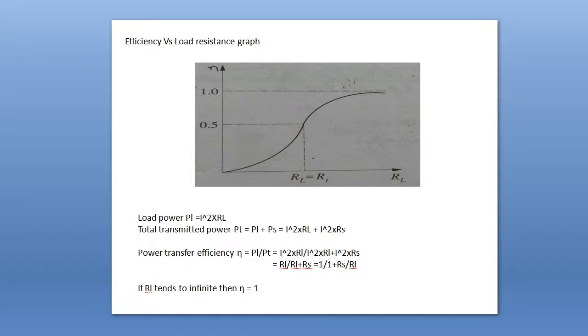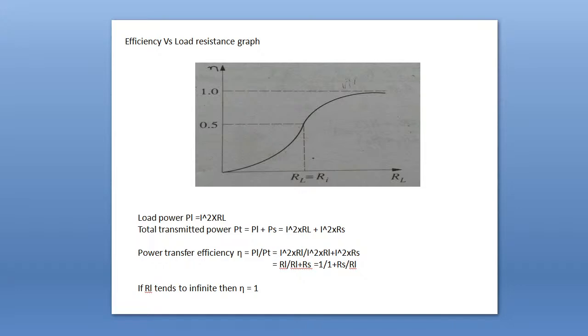Everyone, don't confuse power transfer efficiency and load power. The fundamental difference is that load power is maximum for a particular condition when RL equals RS, but power transfer efficiency keeps increasing with increase of load resistance RL.